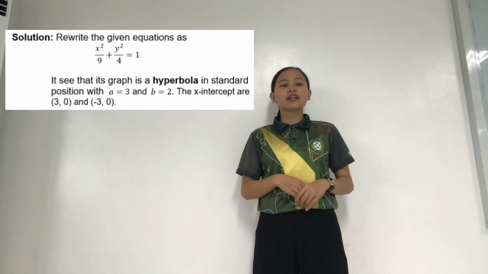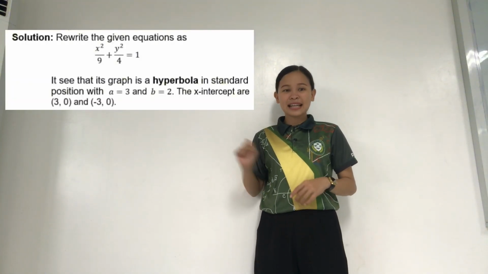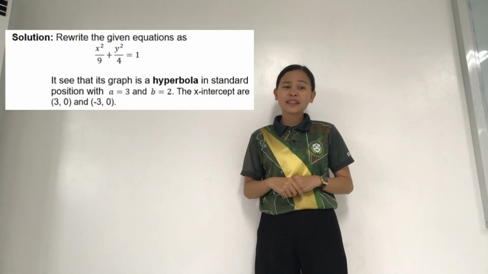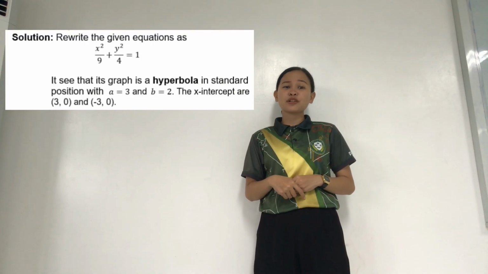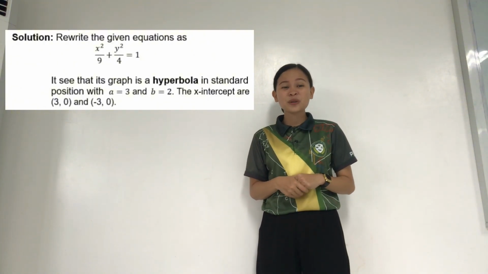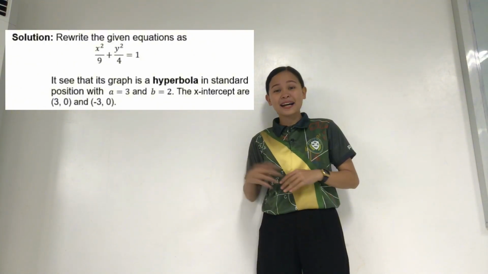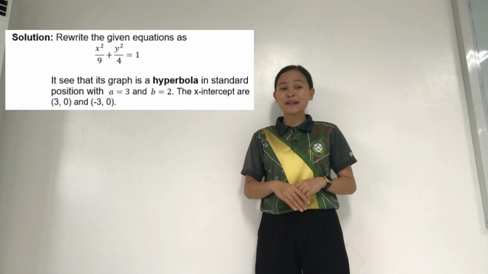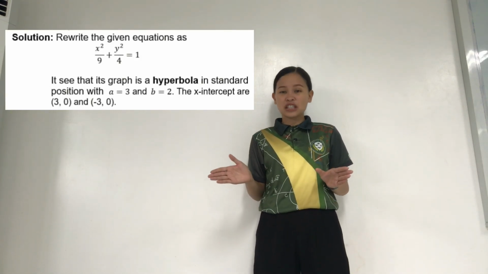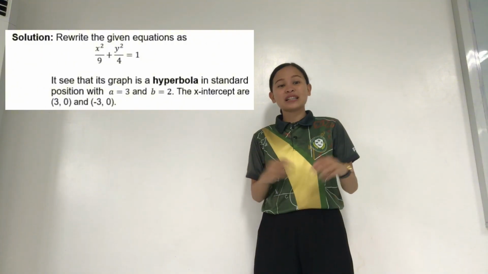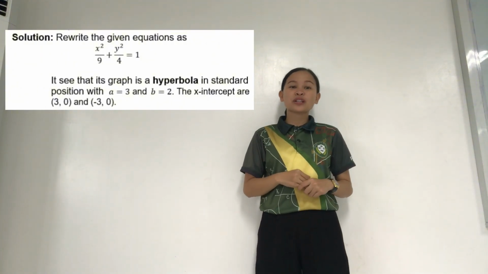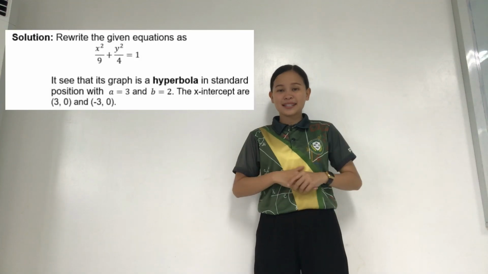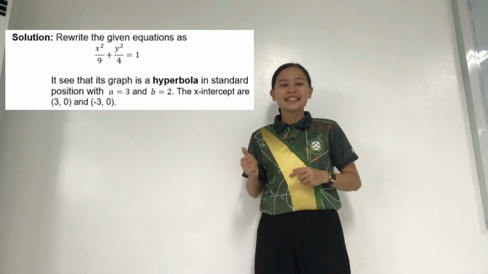So we have x squared divided by 9 minus y squared divided by 4 is equal to 1. It says that the graph is a hyperbola. Yes, it's a hyperbola in the standard position where a is equal to 3 and b is equal to 2. The x-intercepts are (3, 0) and (negative 3, 0).